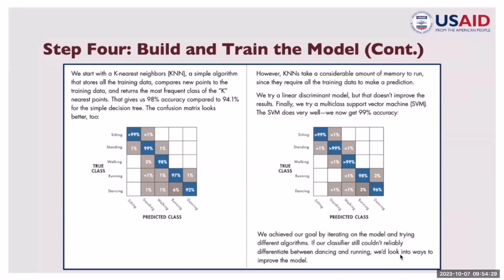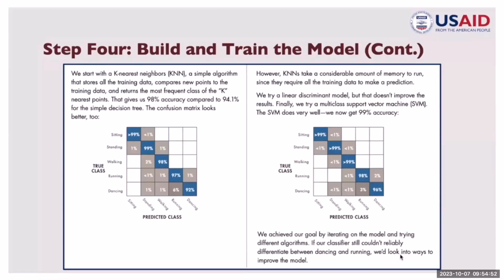So, from 59% using the decision tree, it increases to 92% using KNN. That is a huge difference if we compare the performance of the two models.